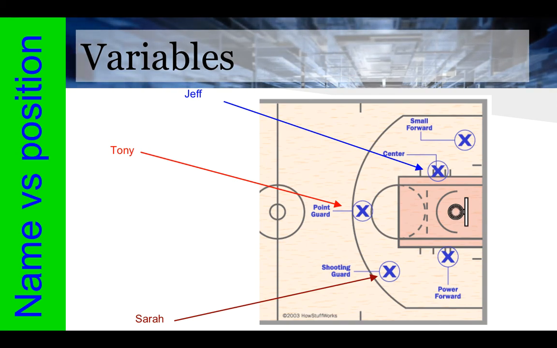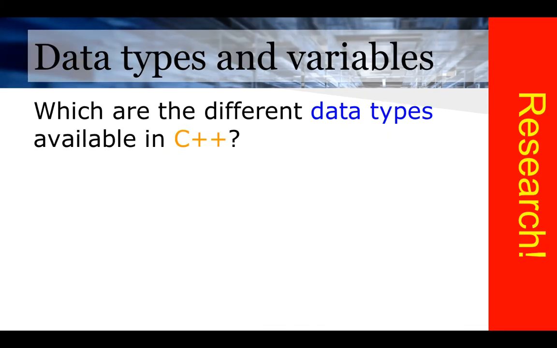The same thing goes with variables. We can have different variables, each one of them will have a different name, but at the same time, every variable will have a particular responsibility or action within the code. Now, those variables, once again, will be storing data, and basically we have different types of data.